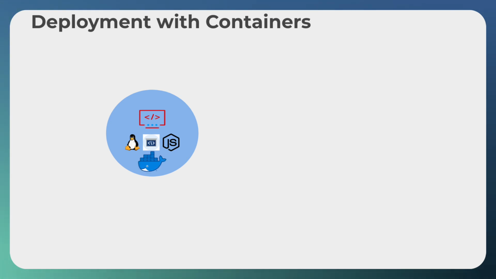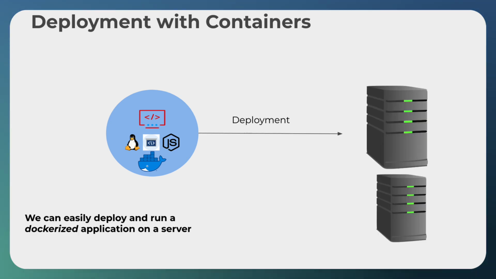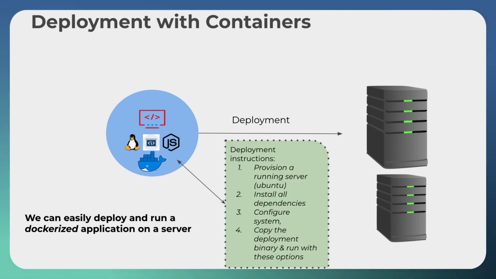Because here we have this containerized application, and then it's ready to be deployed. So we can easily deploy and run a Dockerized application on any server as long as the server has the infrastructure set up. And now the instructions that are needed to deploy this Dockerized container application onto a server or servers are a little bit simpler.